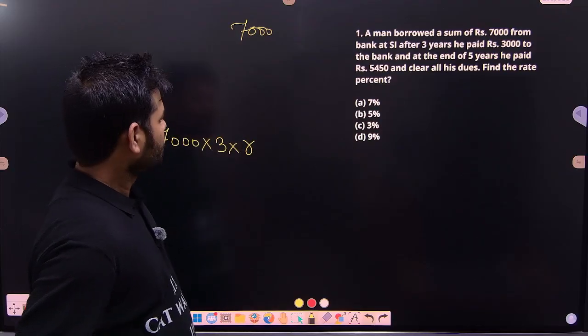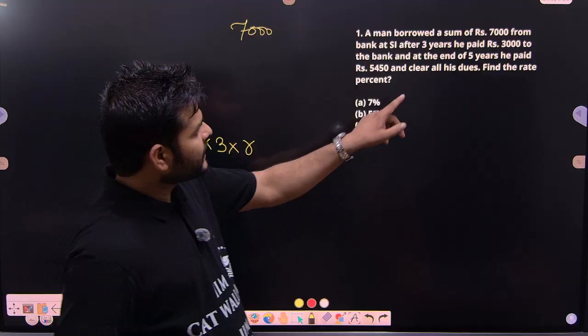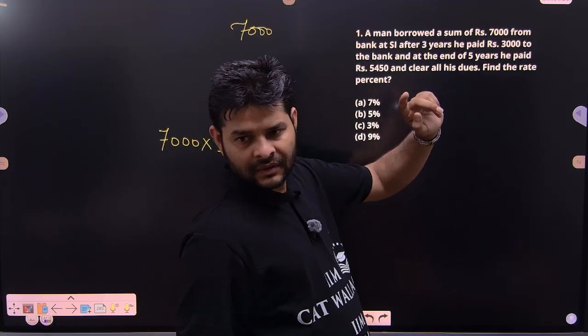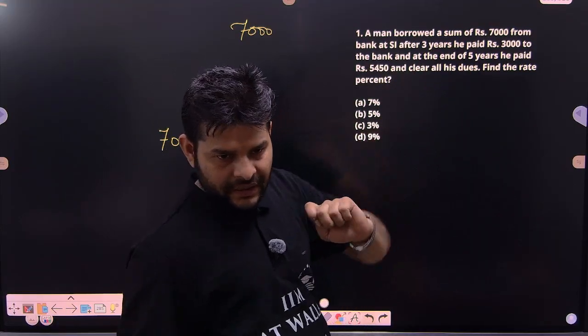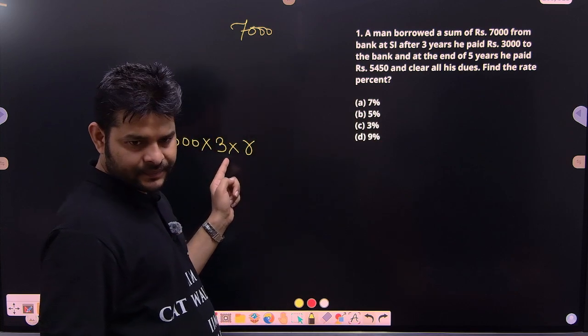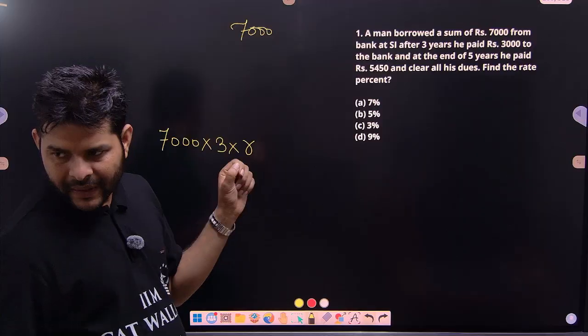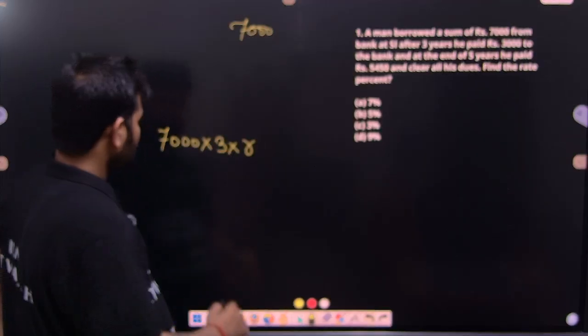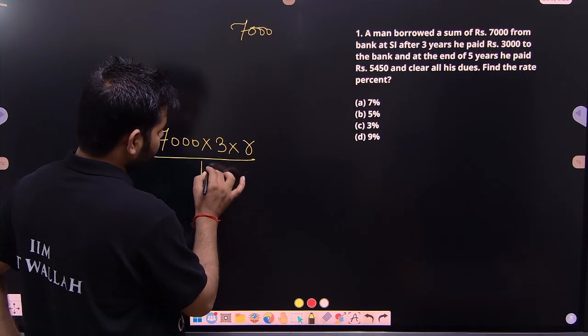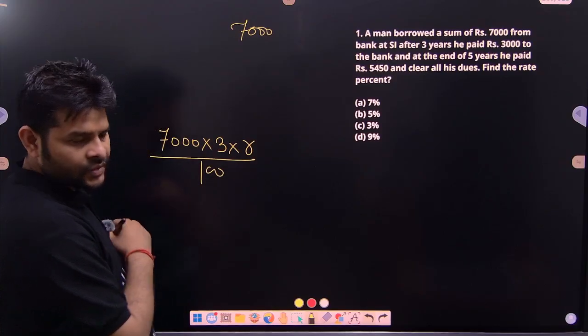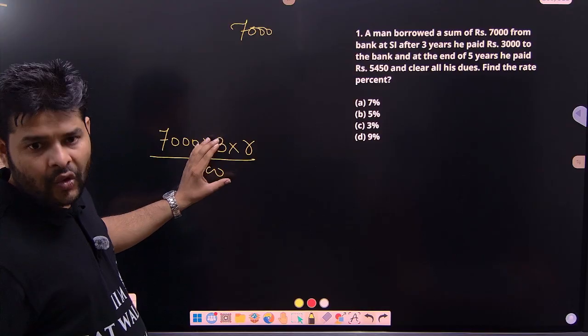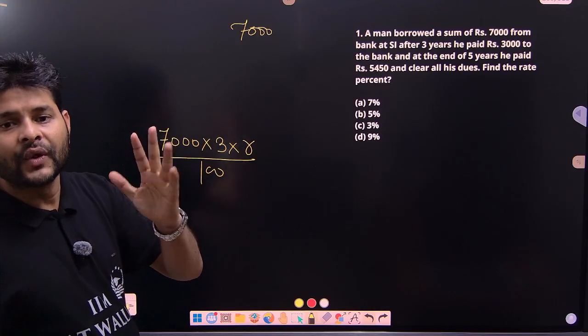But this time yearly, not monthly. So we need not divide by 12, we need to divide by 100. So this is the simple interest on rupees 7,000 for 3 years.